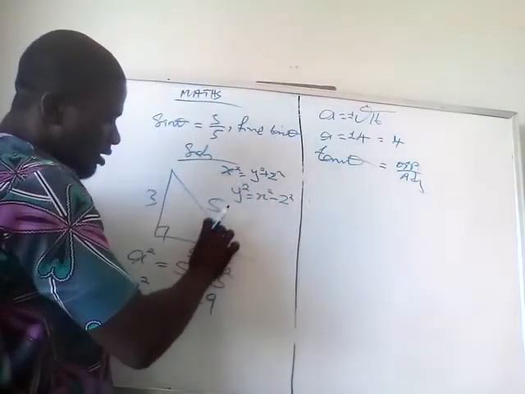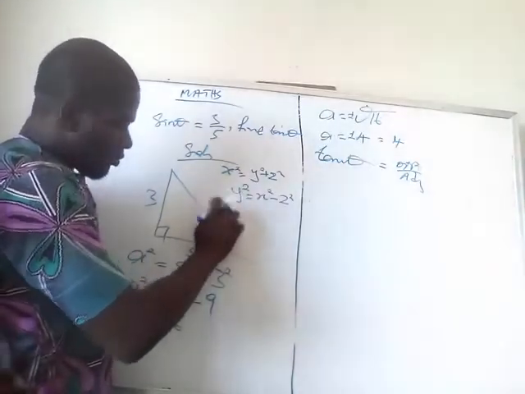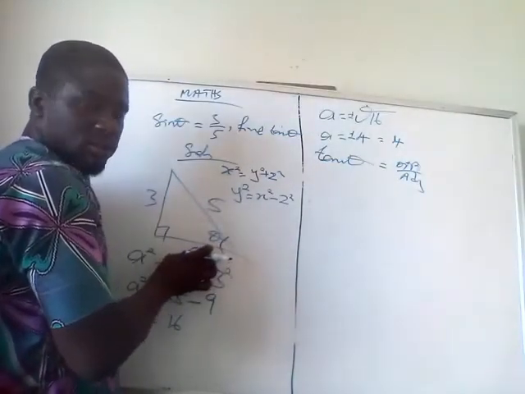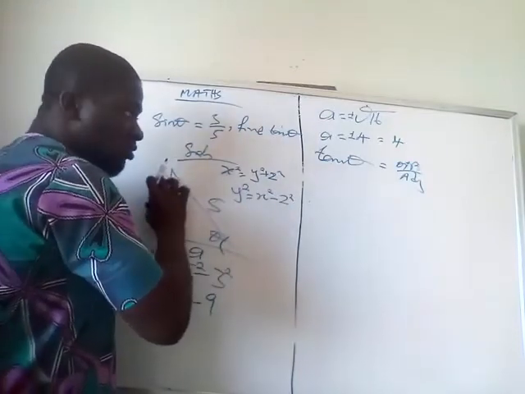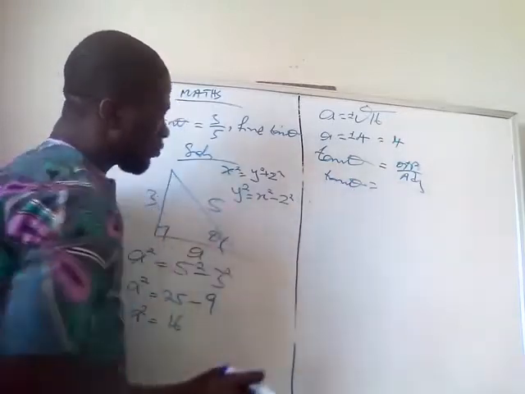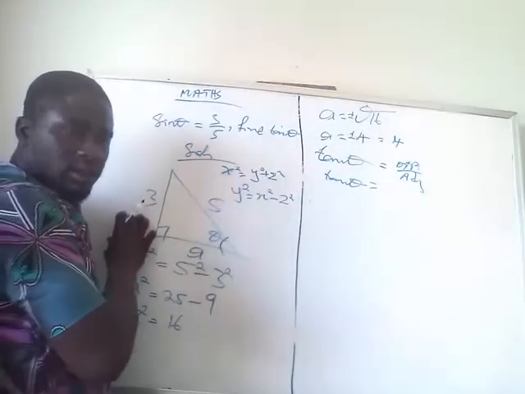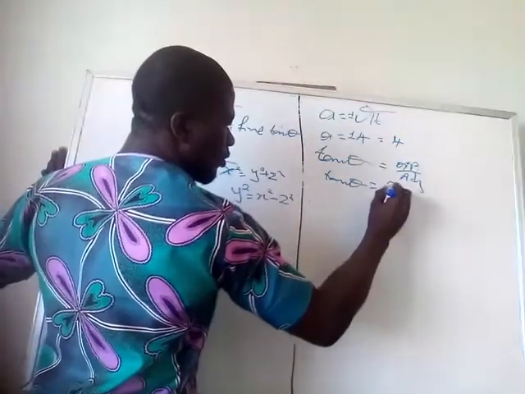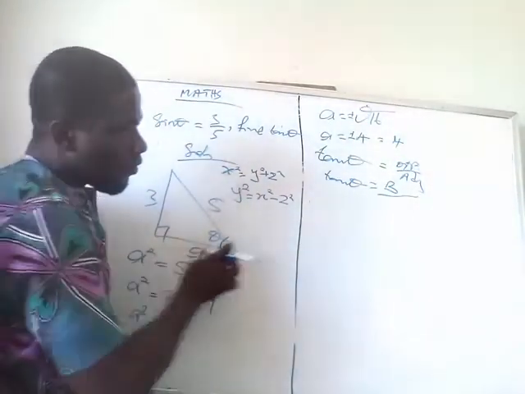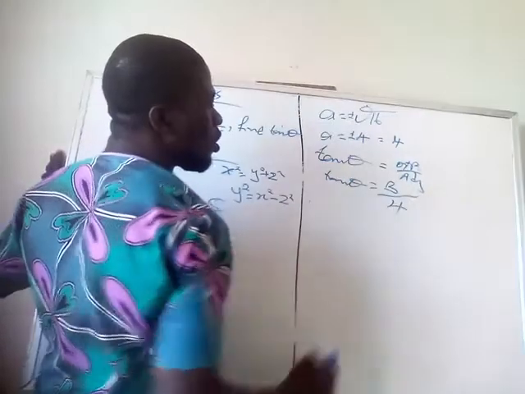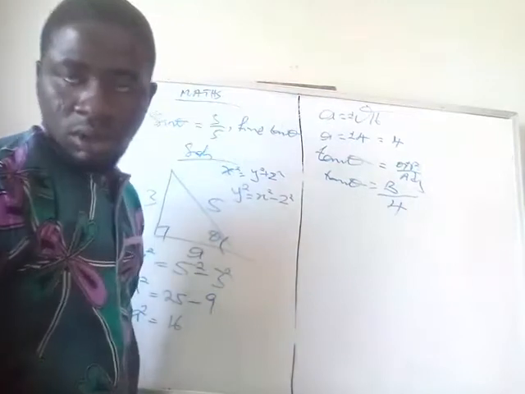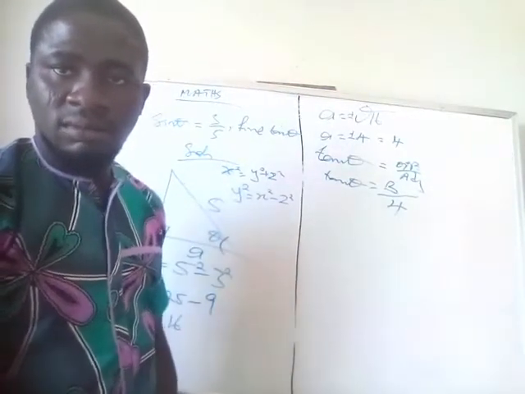Look at our theta, the hypotenuse, the opposite, the adjacent. So tan theta equals opposite, which is 3, over the adjacent, which is what we have solved now, 4. You are done with this.